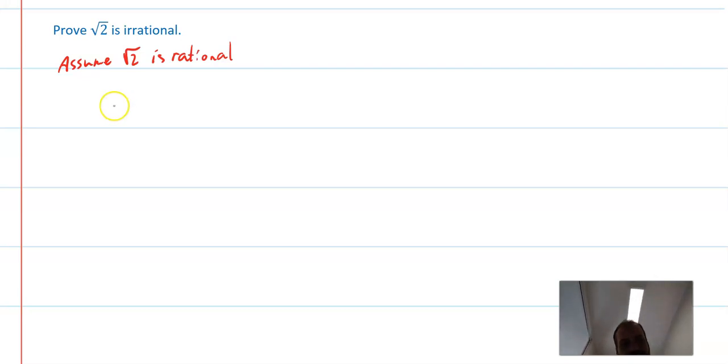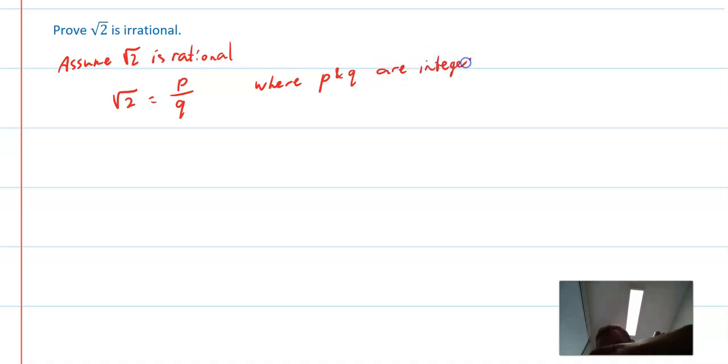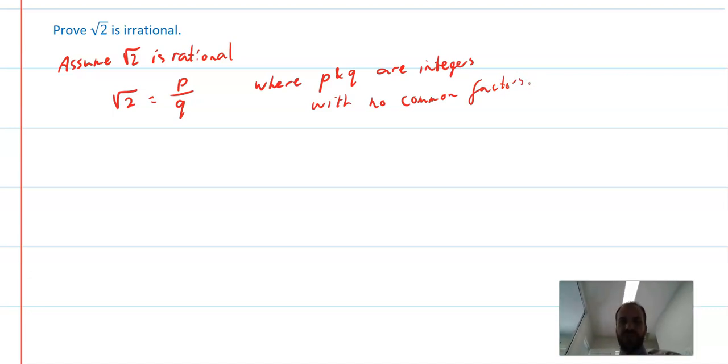So now I can say that root 2 equals p over q, where p and q are integers with no common factors. Because obviously if p and q had common factors, we'd be dividing both by whatever common factor they had. So that's a ratio in its simplest form.